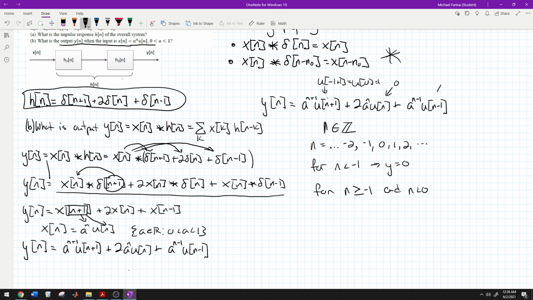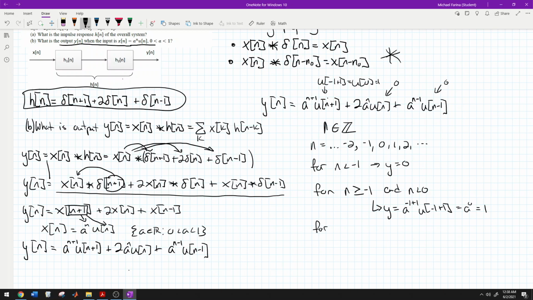This one will be 0, and this one will be 0. What that implies is that y is going to be equal to a to the -1 plus 1, that's a to the 0, and that's going to equal 1.